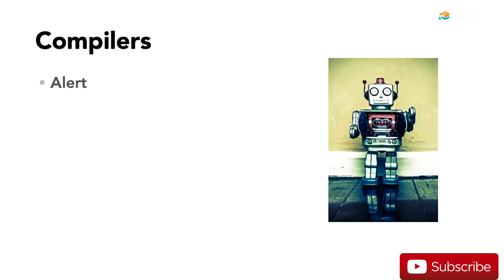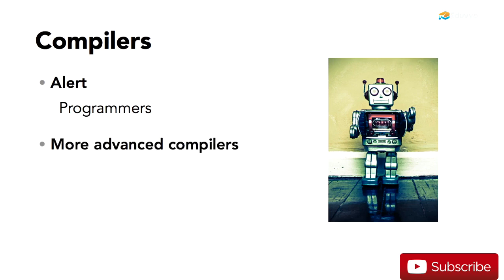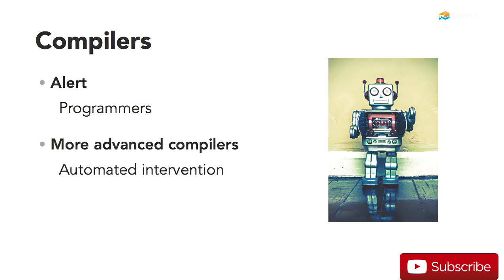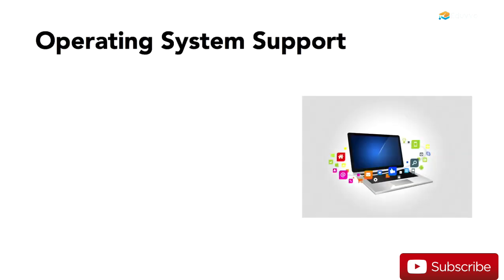Compilers can also alert the programmers when an unsafe function call is made. More advanced compilers can compile a program so that protection against buffer overflow attacks can automatically be compiled in with the program. Finally, your operating system can also be written to make buffer overflow attacks more difficult to launch.